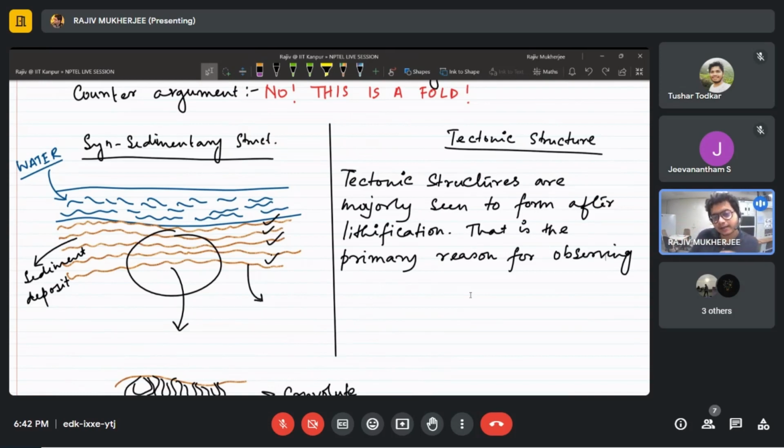So tectonic structures are majorly seen to form after lithification. That is the primary reason for observing majority of the structures in metamorphic rocks.